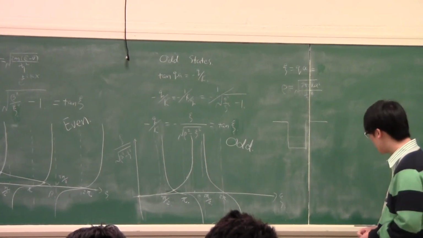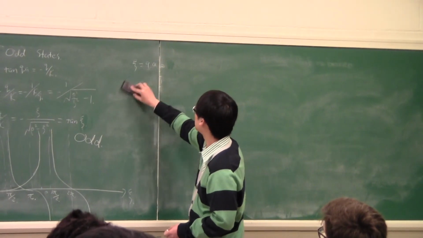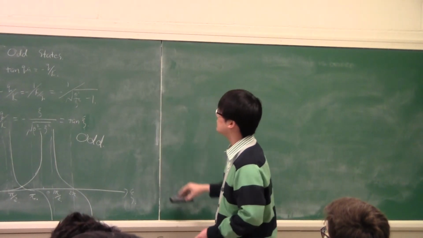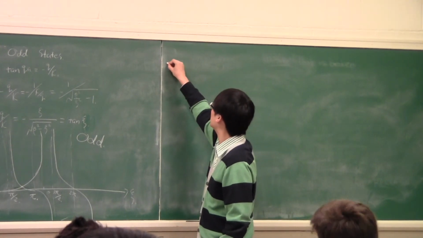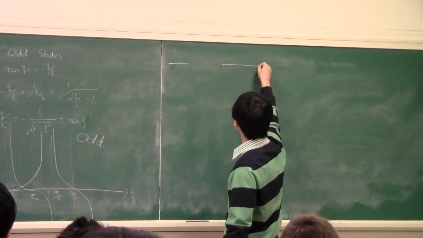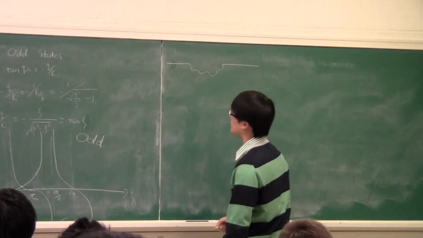Now this says something about a class of potential wells. Imagine I have some arbitrary shaped well, like this.